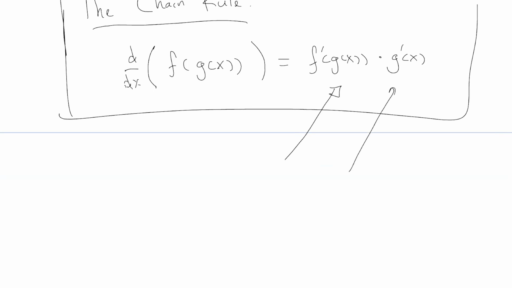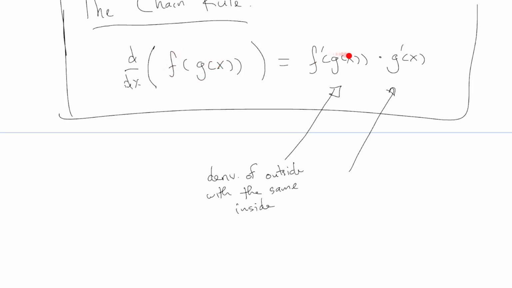So the way that I think about this is, what you see first there is the derivative of the outside with the same inside. What I mean by that is, when you start here, you have the outside part, which is the f, and the inside part, which is the g.